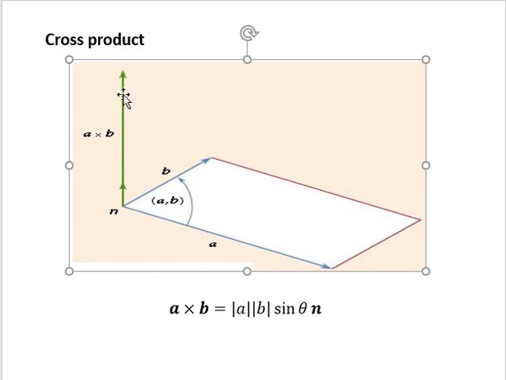So a cross b is in the vertical direction, vertically upward. If the direction is a to b, it will be upward, and if it is b to a, it will be downward, the opposite of this direction.